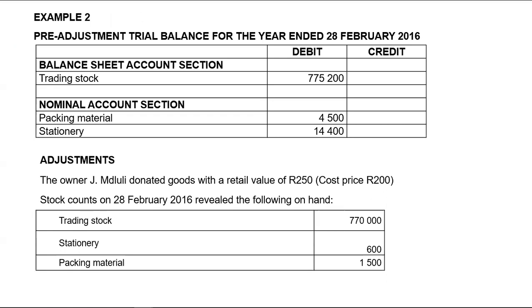And then under adjustment, it says that, which is the second adjustment, stock counts on the 28th of February 2016, which is the end of the financial year, revealed the following on hand. On hand simply means it's what we have in the warehouse and we physically counted it. So trading stock is sitting at 770,000.